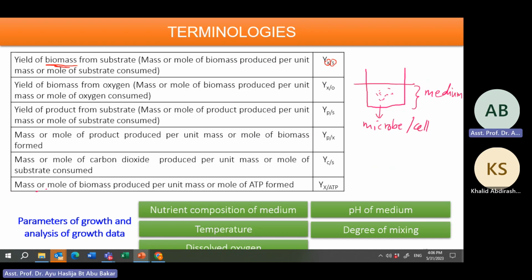Okay, the S always refers to substrate. So this one is the yield of biomass from substrate. Biomass here means the amount of the cells produced after the process.